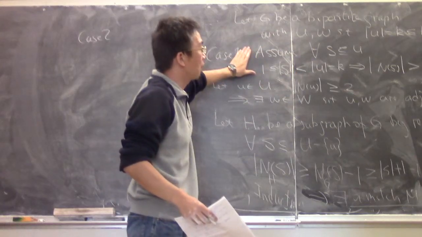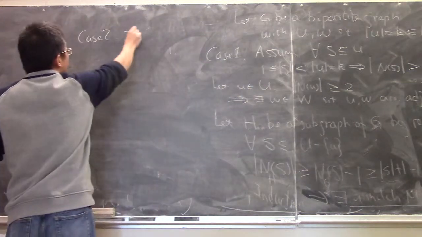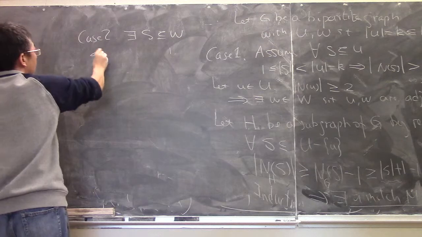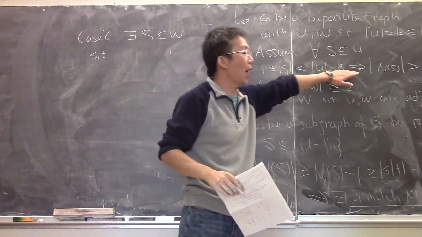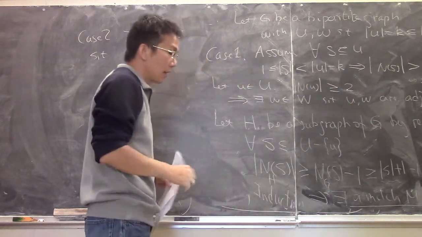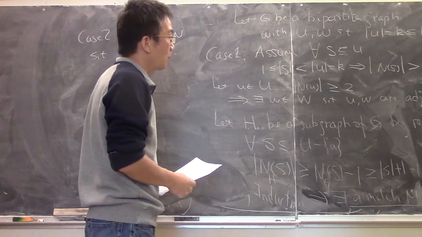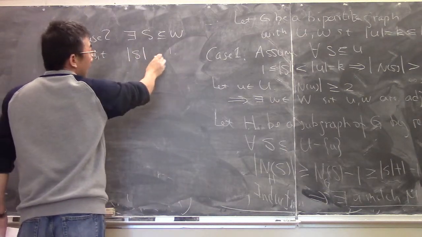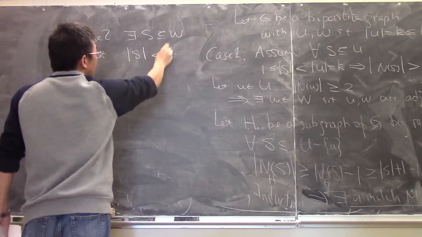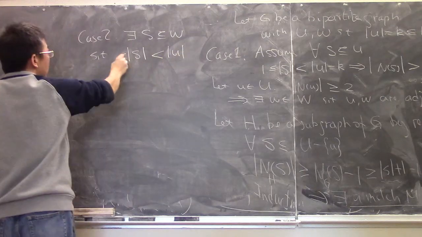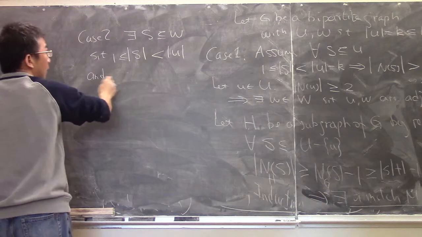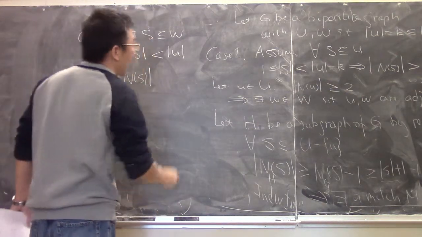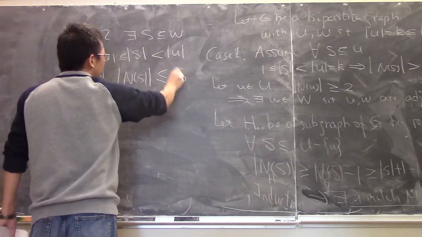So the opposite of this statement, there exists some S in U such that P implies Q, the opposite is going to be P and not Q. So S's cardinality is strictly less than U, larger than or equal to 1, and the cardinality of the neighborhood of S is less than or equal to the cardinality of S.